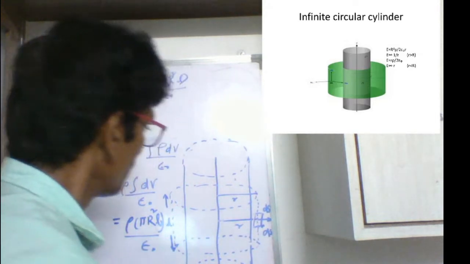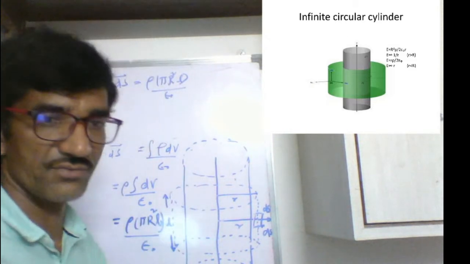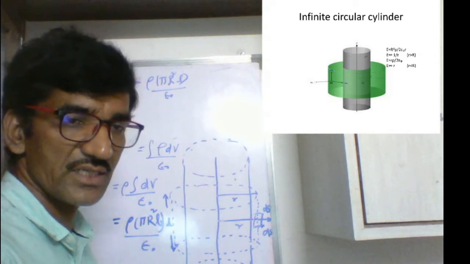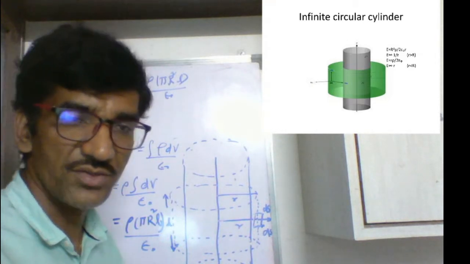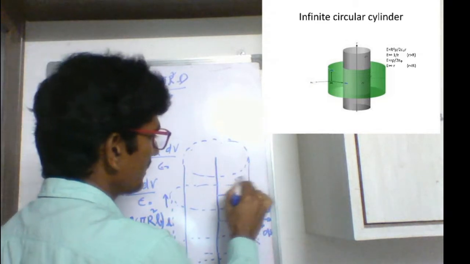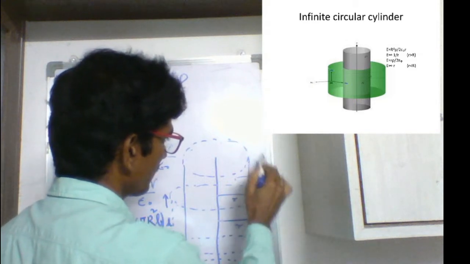So far we didn't write the direction of E, because this cylinder is filled with positive charge. That's why field lines march radially outwards. This is the direction of E.